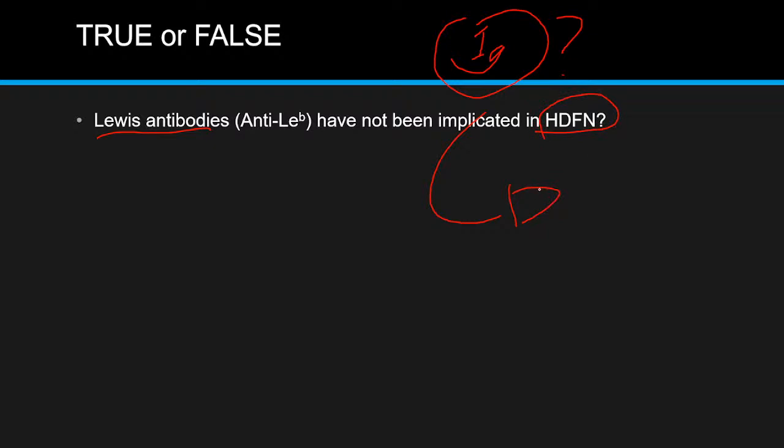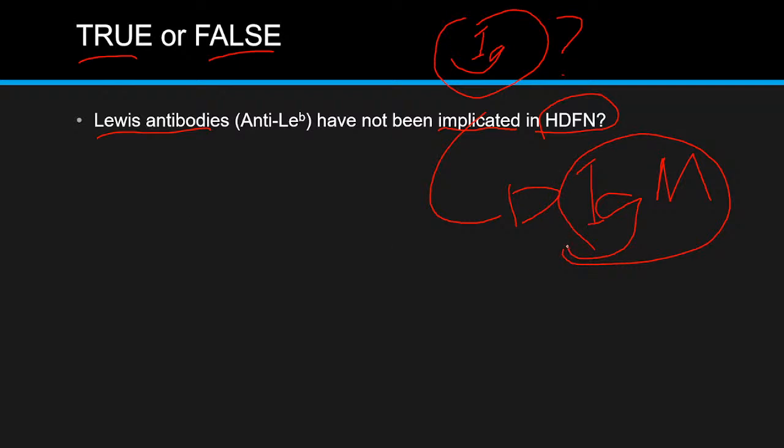Diba? Oh, sabi ni Syrie, hindi ko naman tinanong kay Syrie, ang tinatanong ko lang naman true or false. Pero sabi niya, sige, IgM. Okay, so explain natin, bakit si IgM hindi siya implicated for HDFN? Lewis antibodies have not been implicated with HDFN. So she explained that her answer is because Lewis antibodies are predominantly IgM.